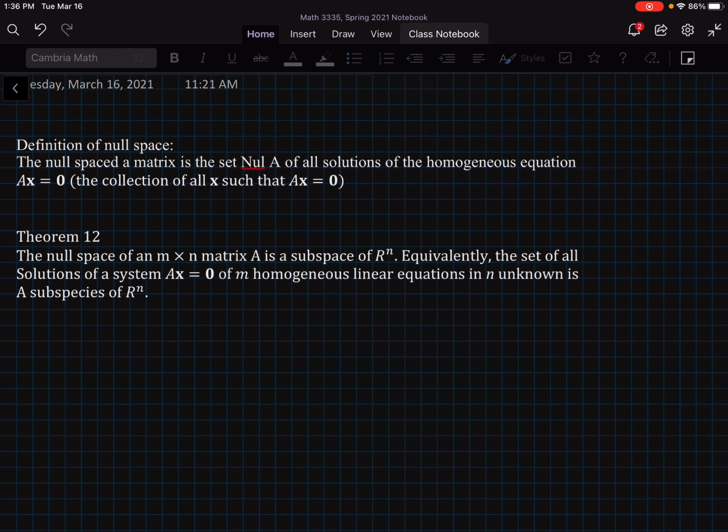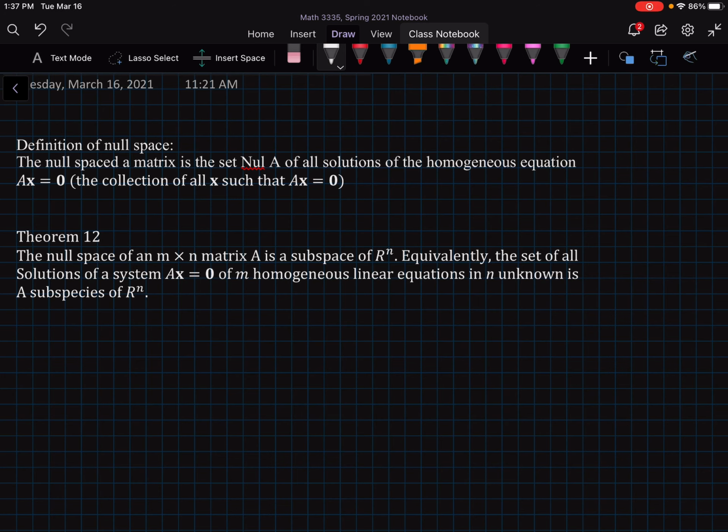So the null space of a matrix. We want to say the null space of A is a subspace of Rn. How do we do that? Remember the three things we need to show. First, is the 0 vector in the null space of A?